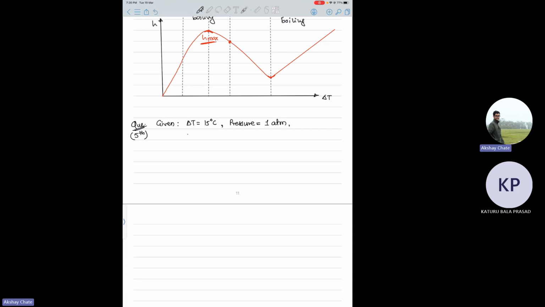And it is a water and stainless steel combination. For this combination, they have given the surface constant as 0.013.